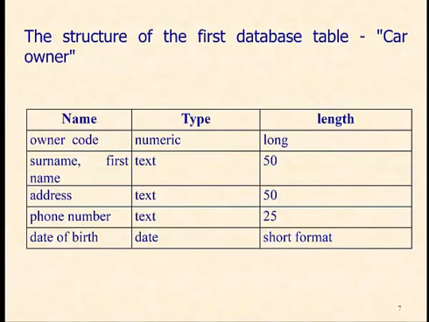Its type is text, and the length is 25 symbols. And the last is date of birth row, and its type is date, and its length is short date format. Please pay attention for this table.